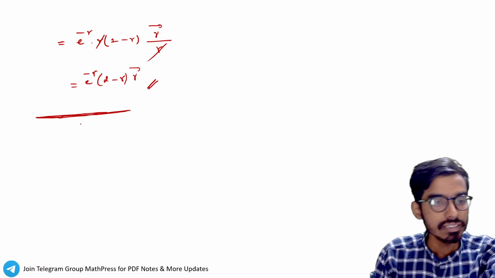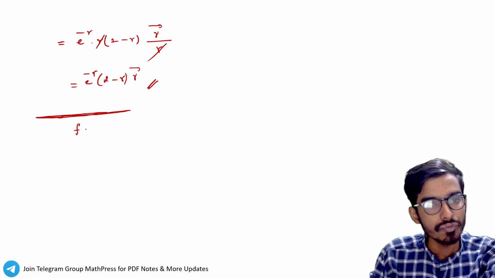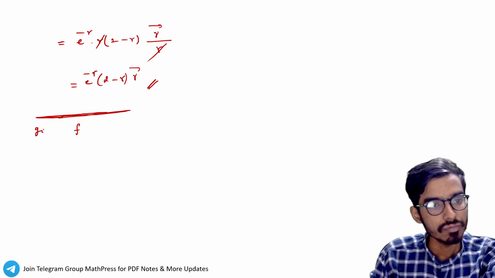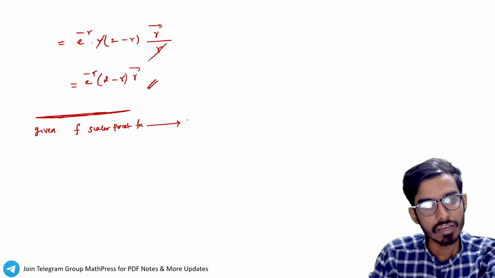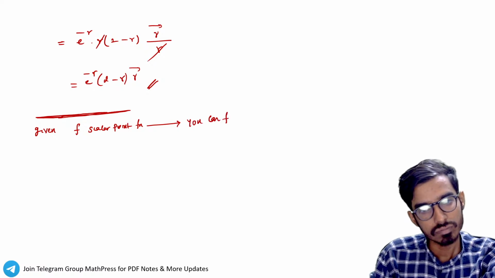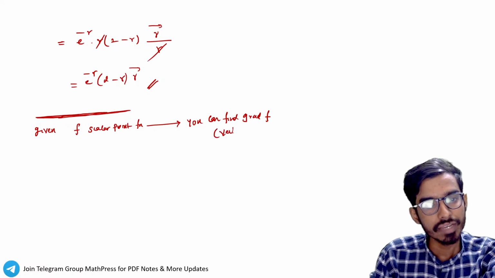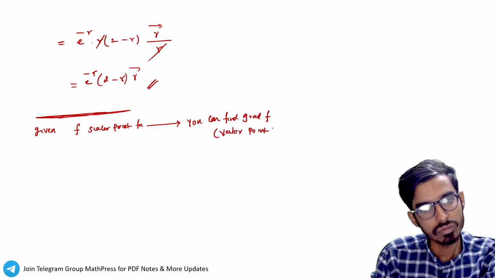Now the next thing is, if you are given f, this f is a scalar point function. You can find the gradient of f, right? This is a vector point function, yes or no?